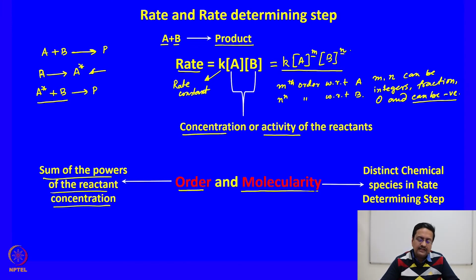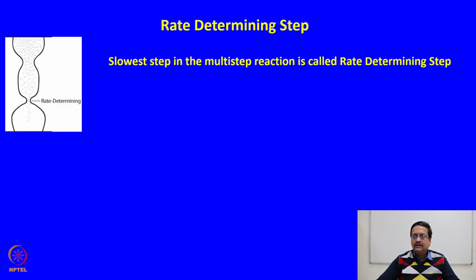So, then it is termed a unimolecular reaction, and remember that bimolecular, unimolecular, trimolecular reactions have no relationship with the order of that particular reaction. The order comes from the rate equation, molecularity comes from the number of molecules that are involved in the rate determining step.